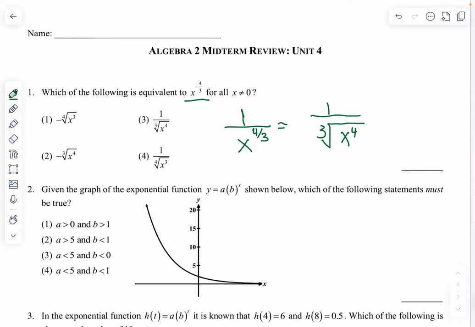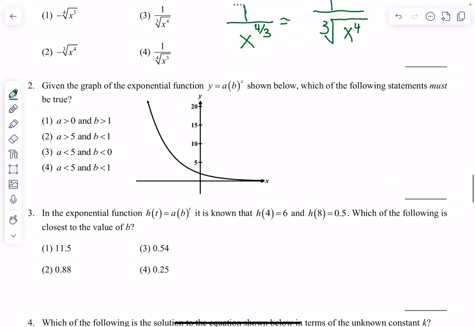Okay. Now the next one is the general form of an exponential equation, right? This one is decreasing, so that means that B is less than 1.